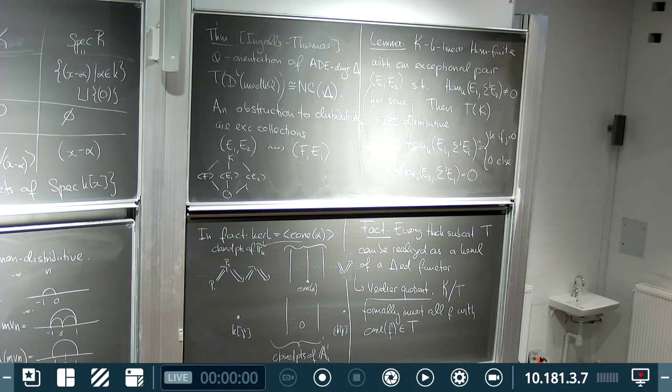What's the relation to symmetric monoidal structures on the triangulated category? Well, you don't really have a tensor product here, right? Yeah, of course. But if you have an exceptional pair, does this also exclude the existence of a symmetric monoidal structure?